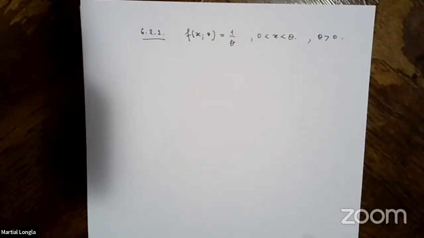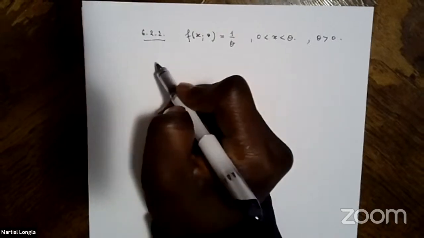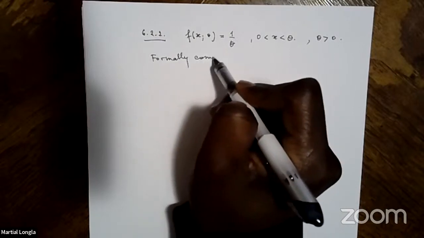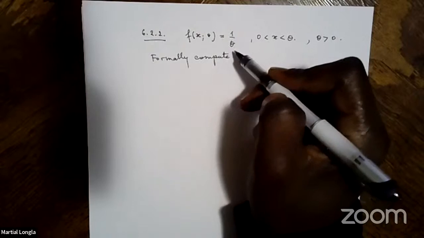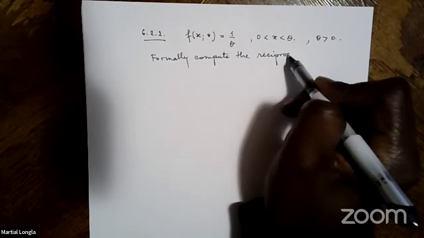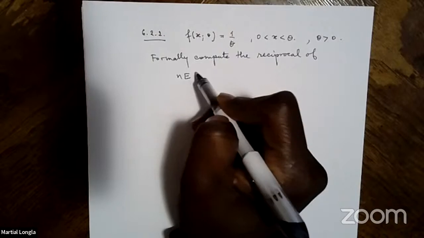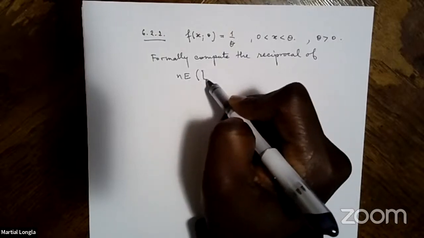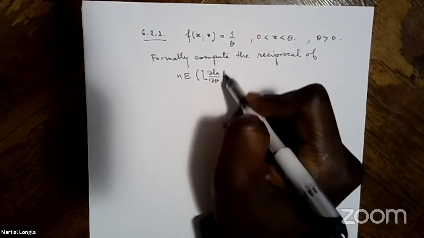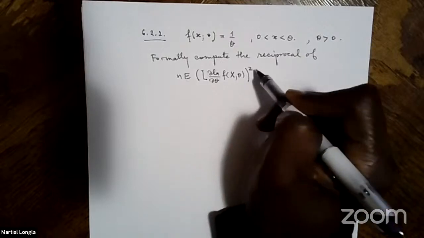And we say formally compute the reciprocal of n times the expected value of d natural log over d theta of f of x, theta, squared.